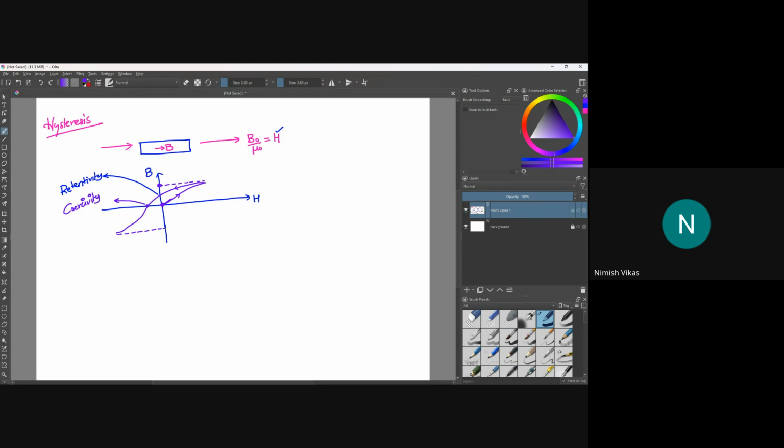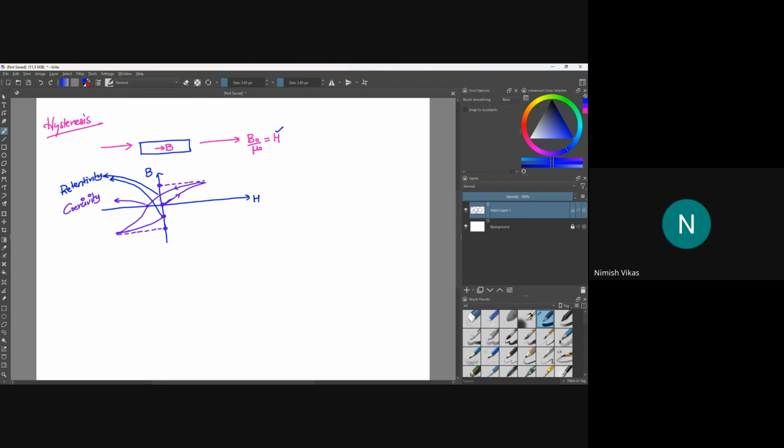So that's where again you get a saturation magnetic field. From here again, if you decrease H and make H 0, the same thing happens. The material will retain some magnetic field. That is again called retentivity.